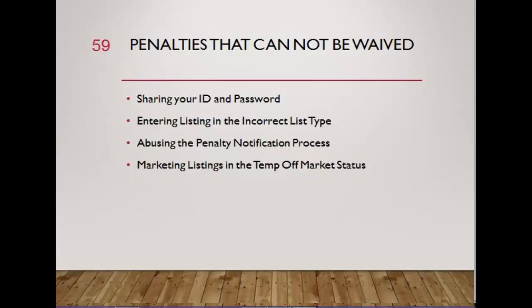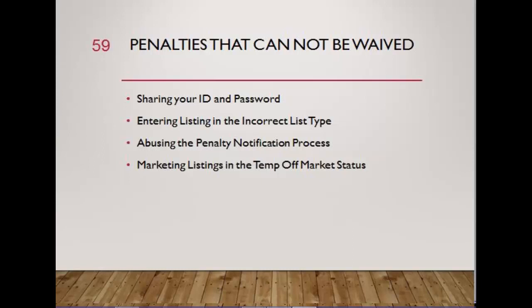The penalties that cannot be waived include sharing your ID and password. That one we're very serious about. It's $1,000 if we catch you sharing your ID and password. Your entire office is turned off until that penalty is paid. If you enter listings in the incorrect list type, on that one, we don't want you to enter exclusive agency listings as exclusive right to sell.